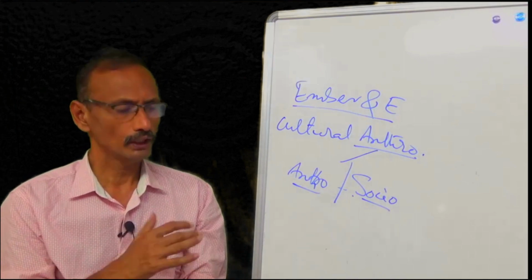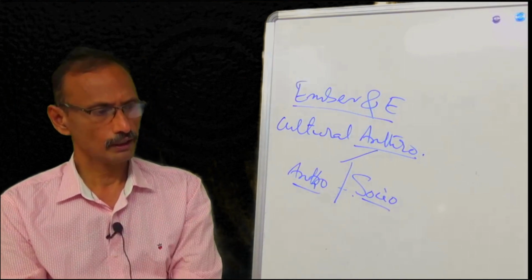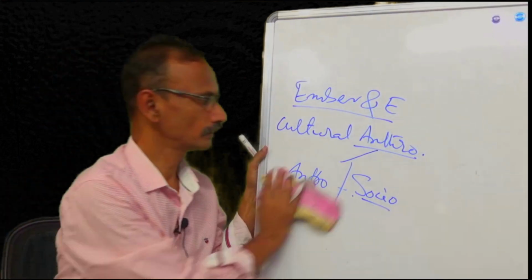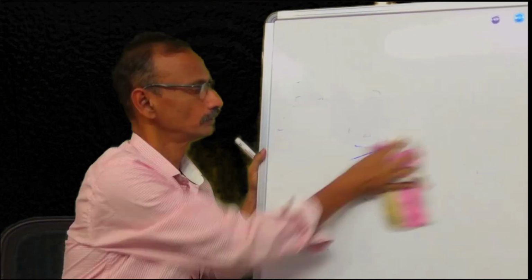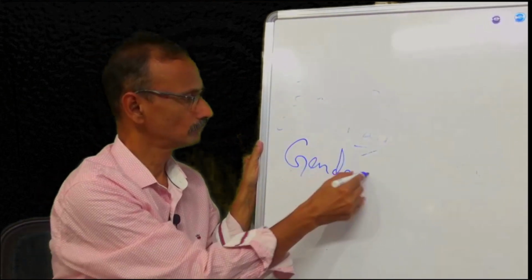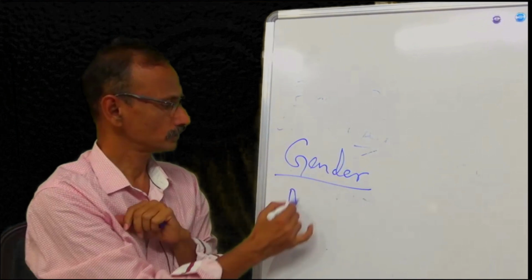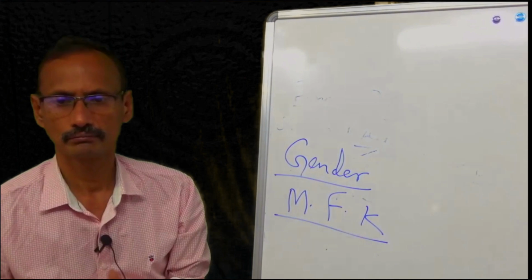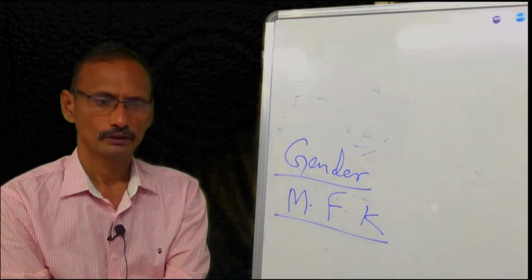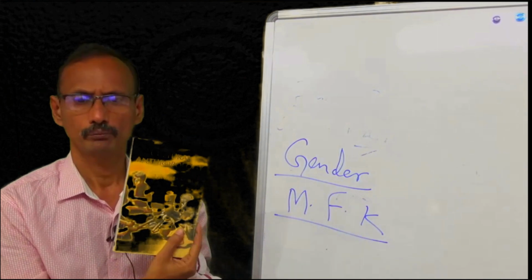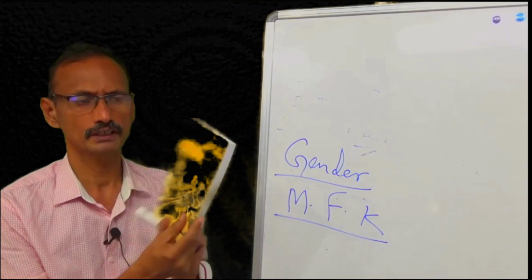One area that is common to anthropology and sociology and comes under cultural anthropology is, I would say, gender, which comes under marriage, family, and kinship. So this book places a very high emphasis on gender.